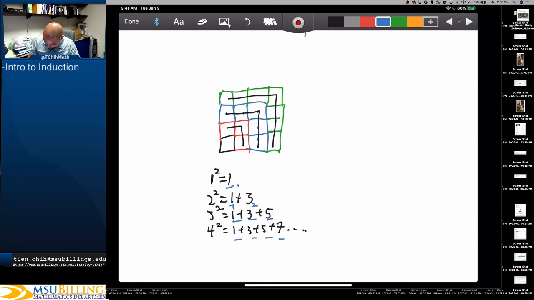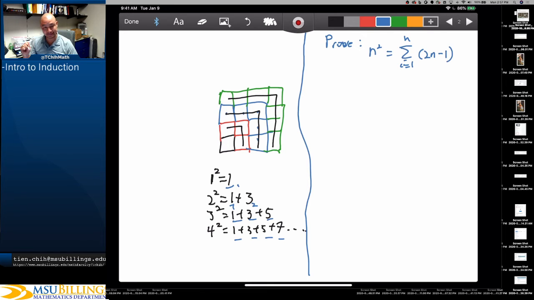So it seems to me that that is the statement that we're trying to prove. So prove n squared is the sum from i equals 1 through n of 2i minus 1.